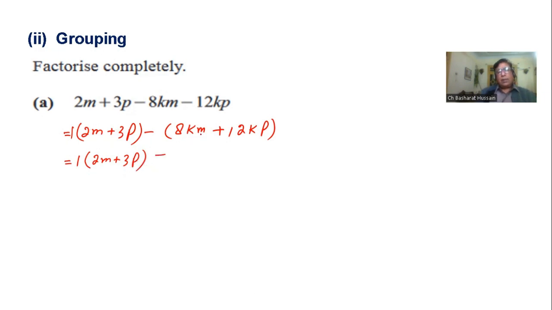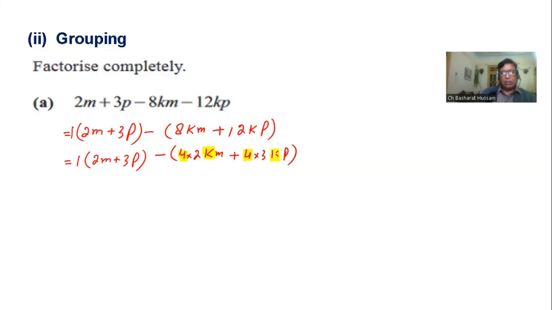Now here we can take common factors. First I separate it so that taking the common factor is easy: 4k times 2m plus 4k times 3p. Now I mark the common factors in the second expression. 4 is common in both, and what is the other common factor?